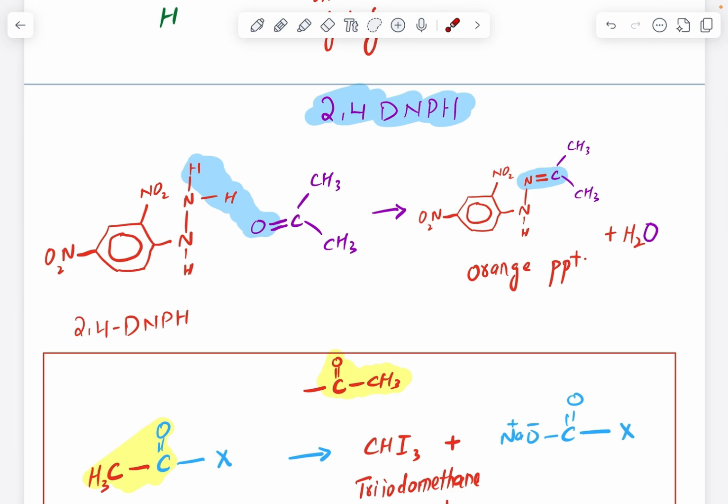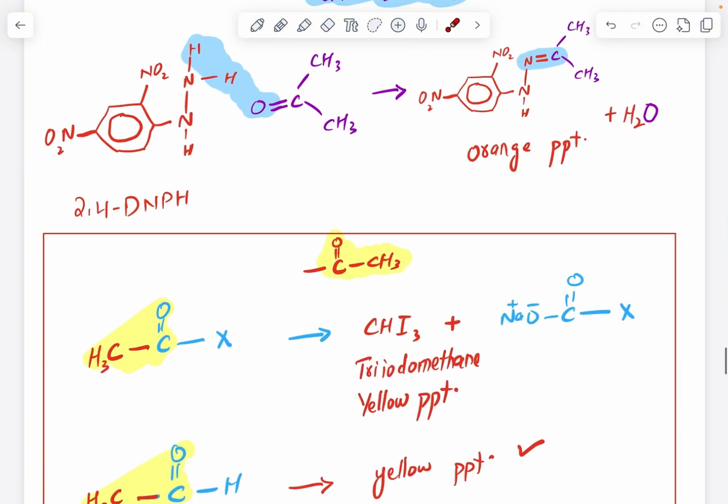You can see that water is being removed and you will end up with the double bond between the nitrogen and carbon. So you will end up with hydrazones. The name is 2,4-dinitrophenyl hydrazones. You will end up with the orange precipitate. If you get the orange precipitate, it confirms the presence of the carbonyl functional group.